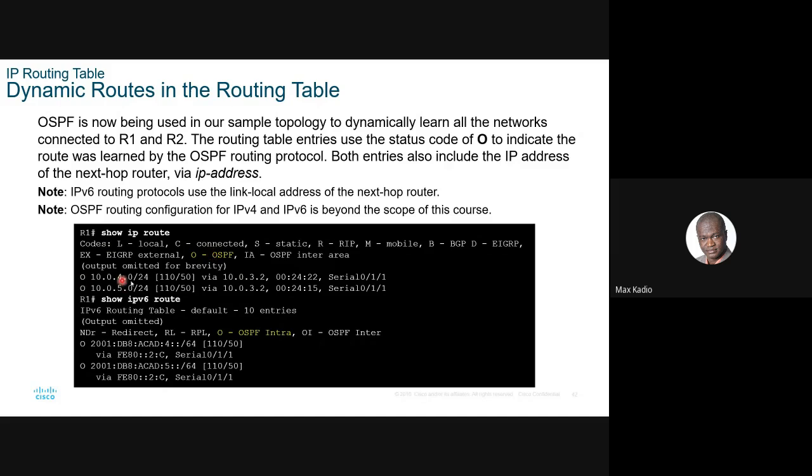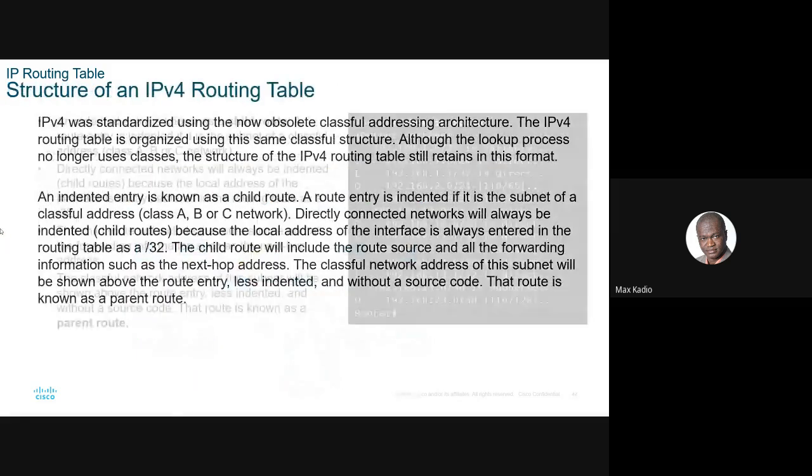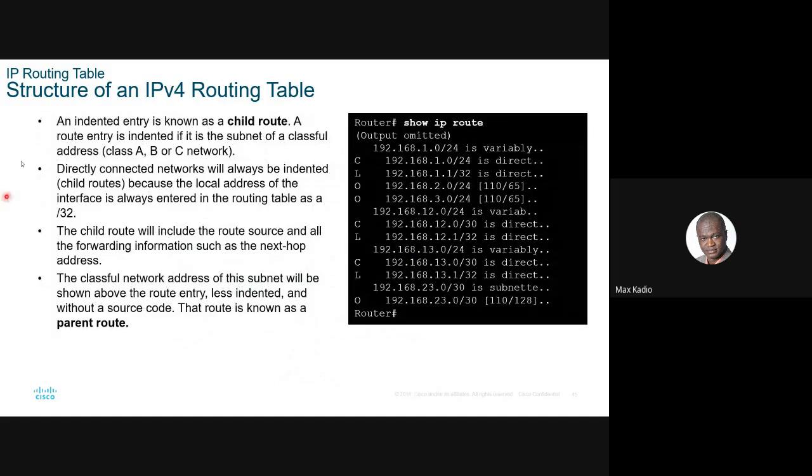So O means the network has been added in the routing table via the dynamic routing protocol OSPF. Here, for example, you see C. C means directly connected. It's a network that is directly connected. L means the interface of the router that is connected to this network, the IP address of the interface.